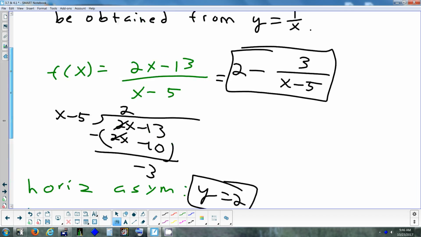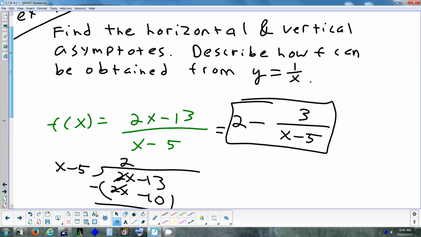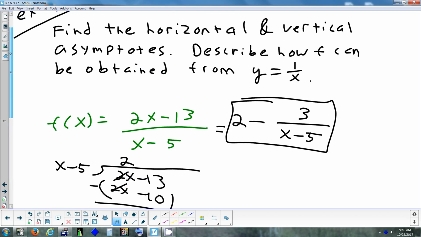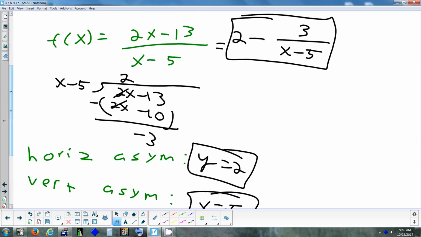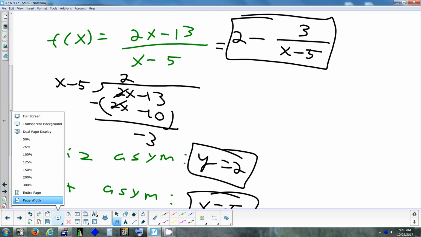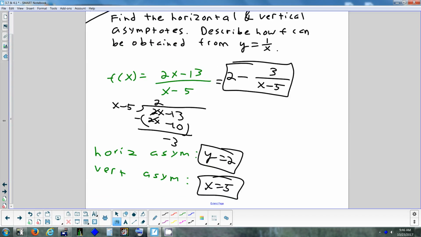Now I basically want you to describe the transformations. Describe how we can obtain our function from the one we have there. First of all, does anyone see how many transformations are happening?